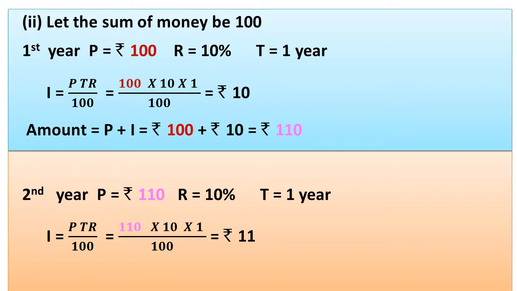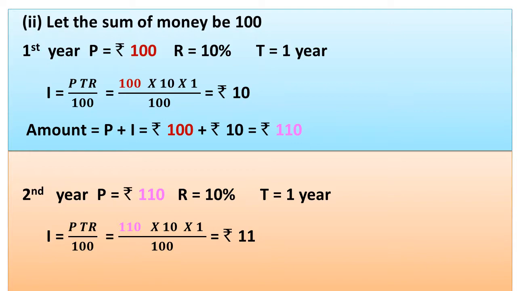Because in the question we know the interest of the second year, we don't know the amount. But in problem number 3, we calculated the amount because the question was based on the amount. Question number 4 is based on interest. So let me stop the problem here. The compound interest for the second year is ₹11, based on the assumption that the principal is ₹100.